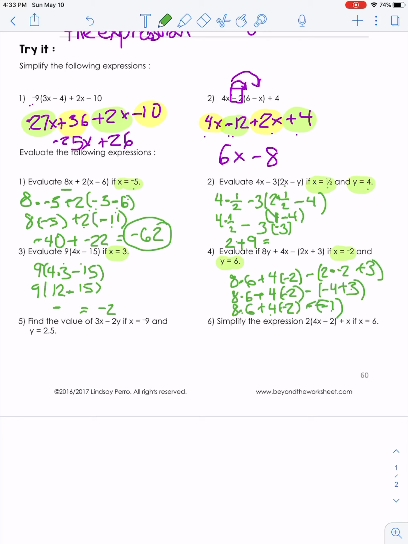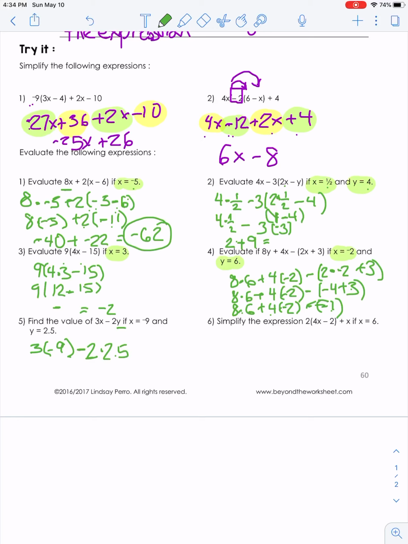Number 5 says find the value of 3x minus 2y if x equals negative 9 and y equals 2.5. So what is your value going to be if you use those two numbers to substitute? So you're going to take 3 times negative 9, and we have minus 2y, or 2 times 2.5.